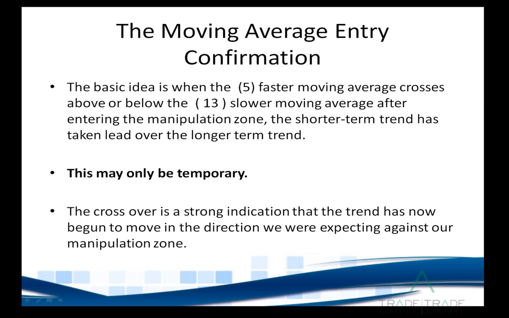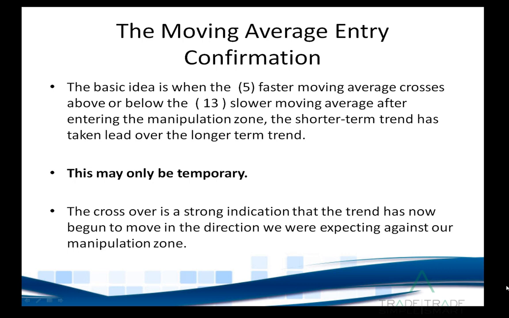Now, when moving averages cross, because they are notorious for crossing and uncrossing, this may only be temporary. So when you see an initial cross, it doesn't necessarily mean that the cross is going to remain.